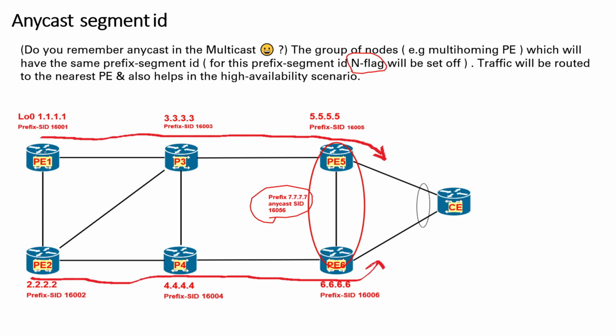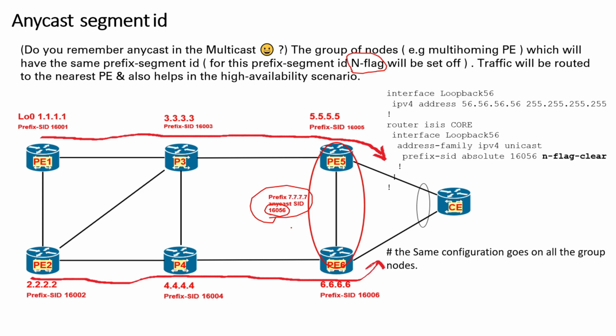So let's say for P1, PE5 is the nearest point, so it will route any traffic towards PE5. For PE2, PE6 is the nearest one, so it will forward that traffic towards PE6 based on this label value, the anycast SID value.